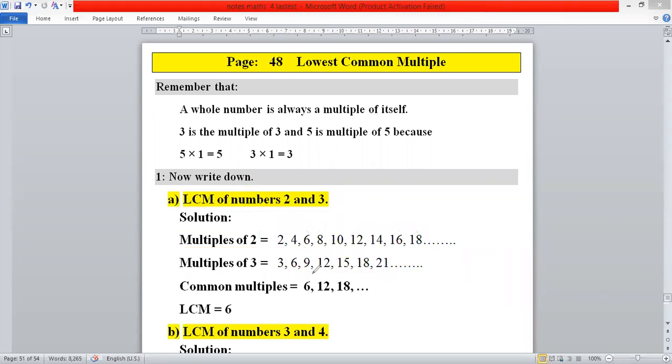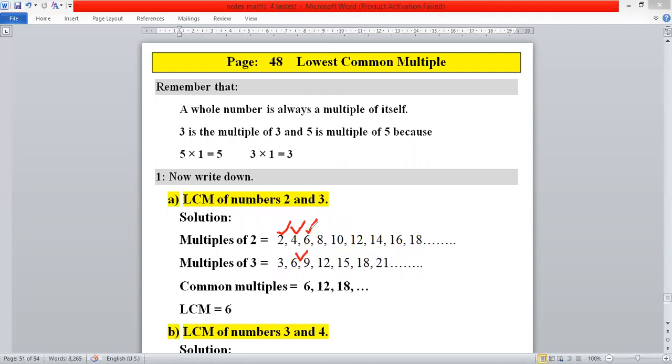After that, students, we will compare the multiples of both numbers and we will loop the common ones. Look at the first one. The first multiple is 2. Here 2 is not available in the multiples of 3. Check 4. Then 6. 6 is available here. Therefore, it is a common multiple.